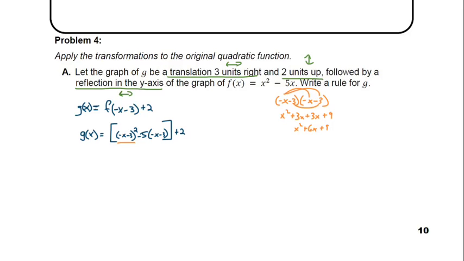Okay? So, I can come over here, write g of x, parentheses, and then instead of all of this, I can write x squared plus 6x plus 9, and then distribute the 5. So that's negative 5 times negative x is positive 5x, and negative 5 times negative 3 is positive 15.